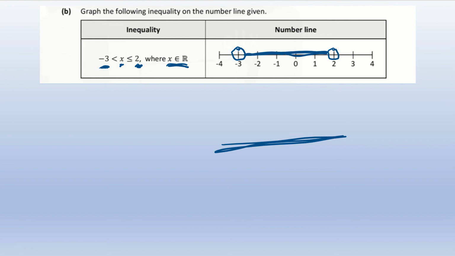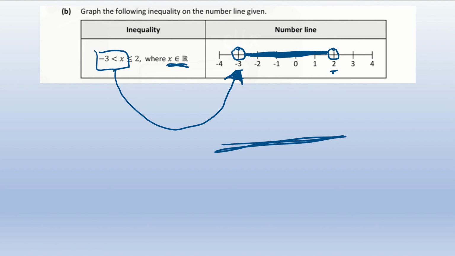And what I've represented here is all the real numbers in between -3 and 2. Now I've got a small bit more work to do because of my inequality signs. So if we just take this part here, it is talking about what's happening on my number line at the -3 part.